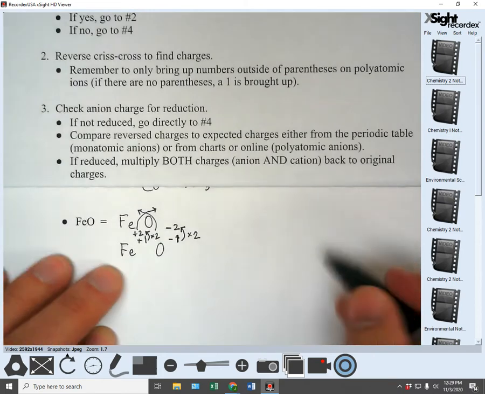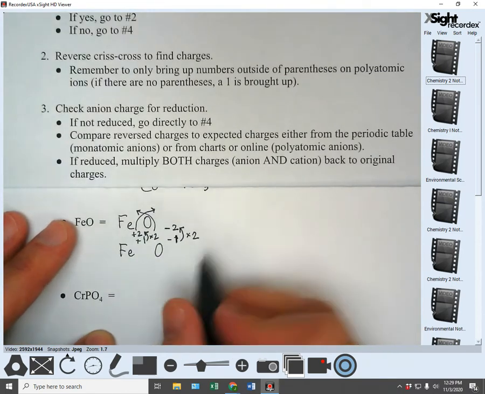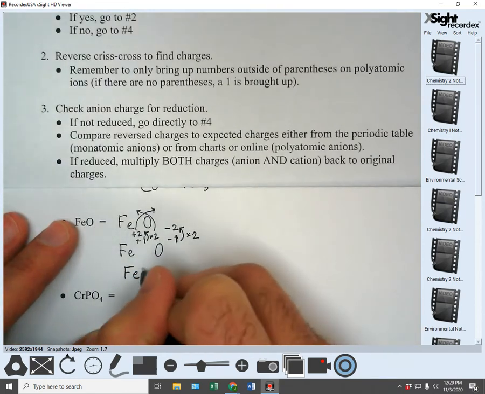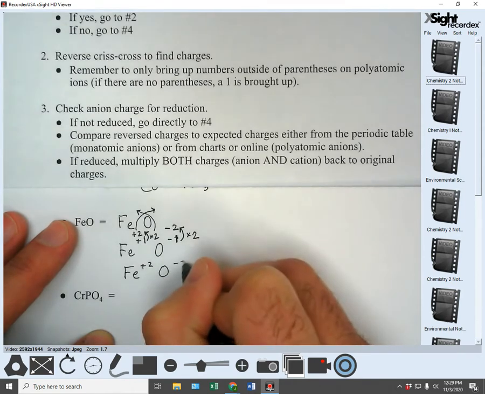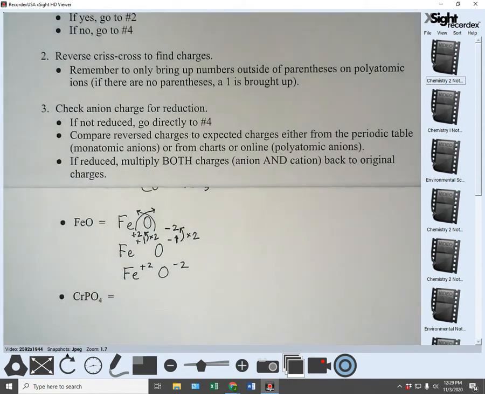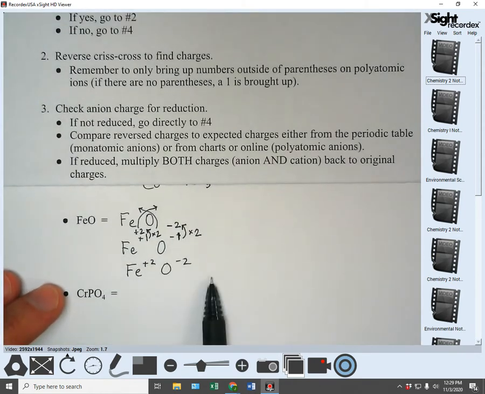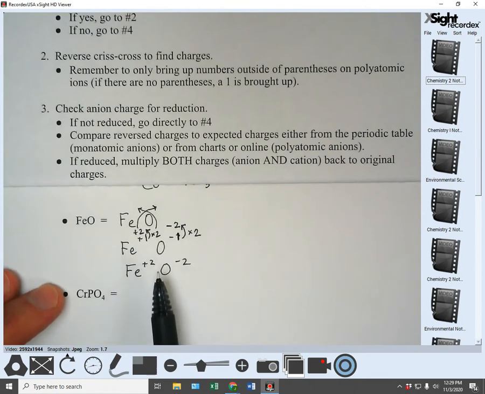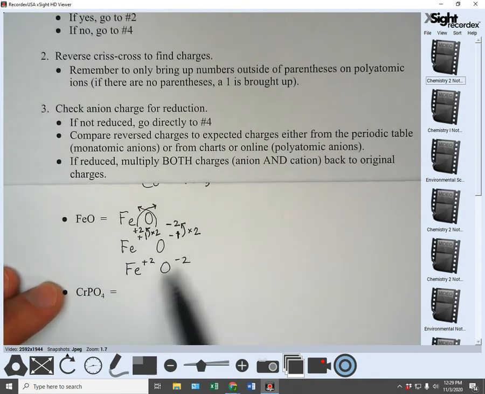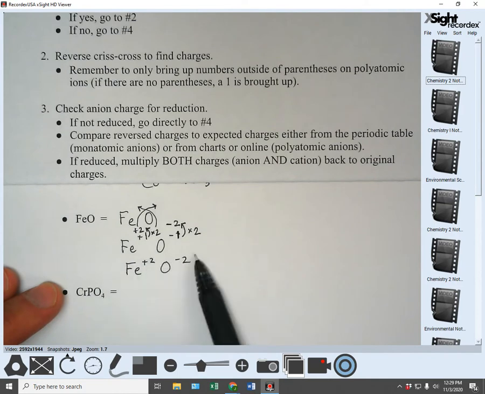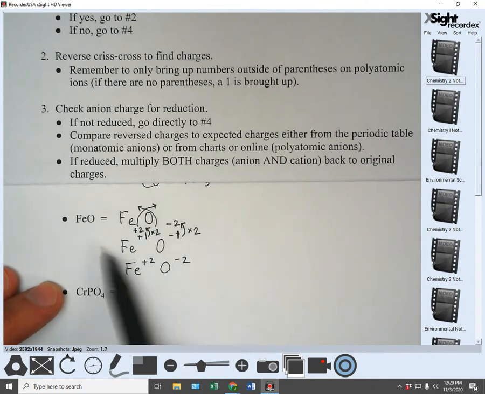So we started off with Fe plus 2, O negative 2. Okay, and if you look at it, it makes sense. If we had this and we were trying to make the formula, before we cross down, we would reduce those or simplify them, right, to a plus 1 and negative 1. So we would have reduced it. That's what we're finding out here.